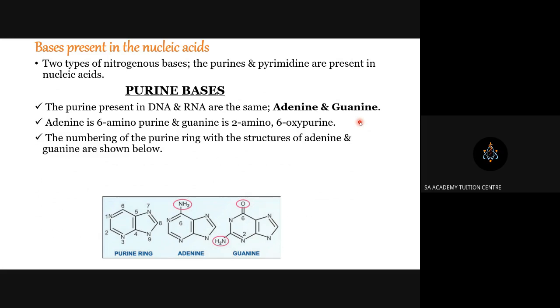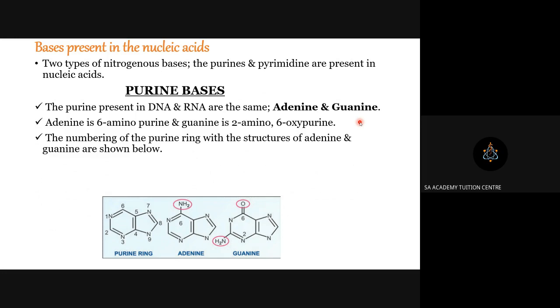Adenine and guanine can occur in either RNA or DNA. What differentiates DNA and RNA are the pyrimidine bases, uracil and thymine. So the purines present in DNA and RNA are the same, that is adenine and guanine.